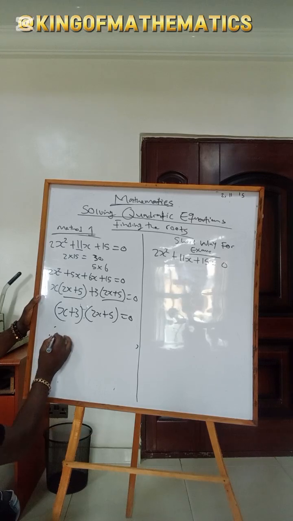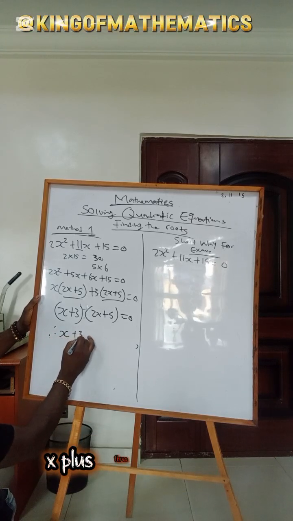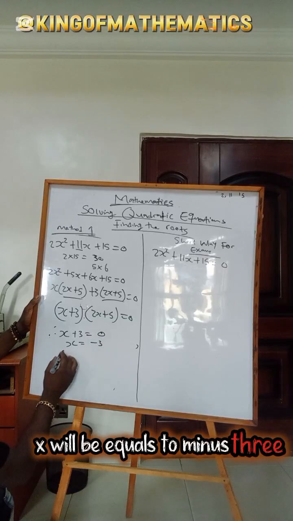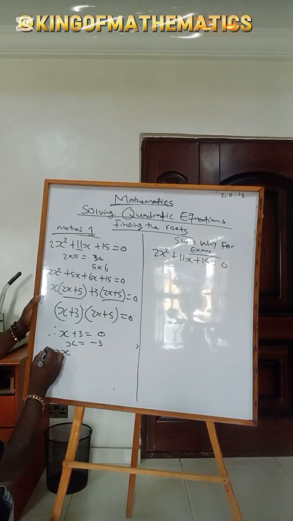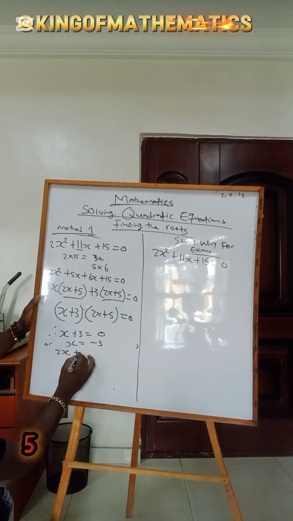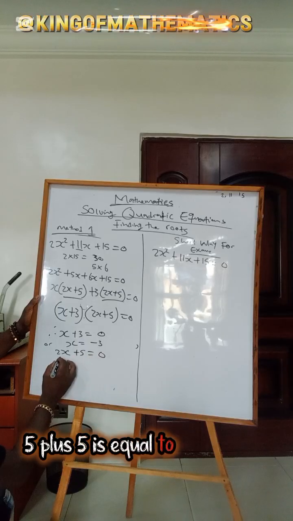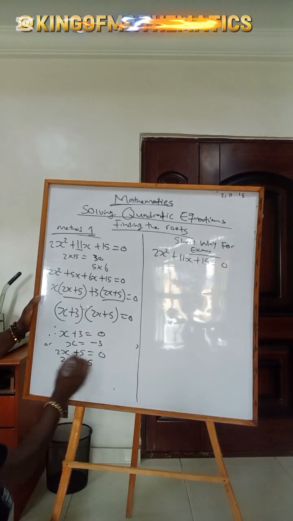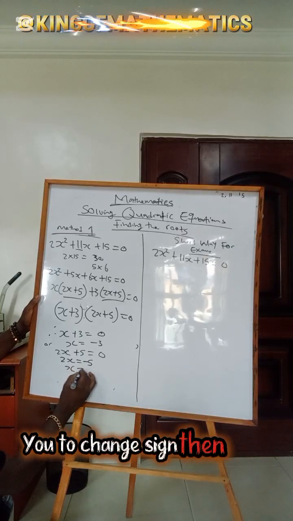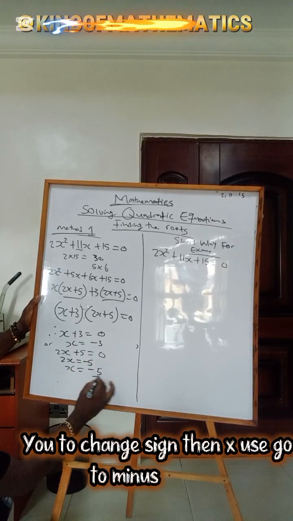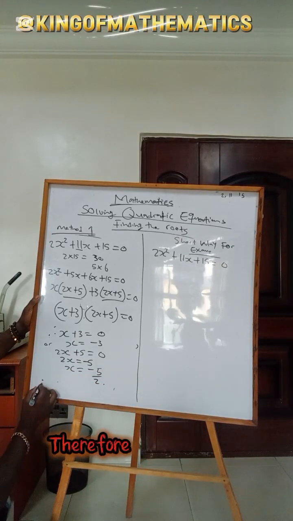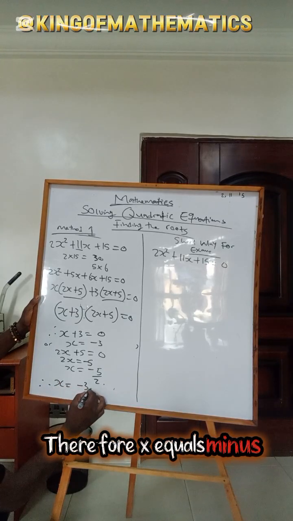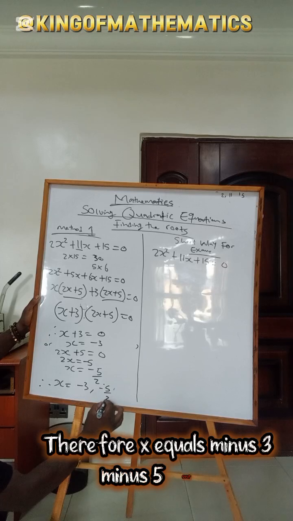Therefore, x plus 3 is equal to 0, x will be equal to minus 3, and 2x plus 5 is equal to 0, 2x equals minus 5, then x is equal to minus 5 over 2. Therefore, x equals minus 3, comma, minus 5 over 2.